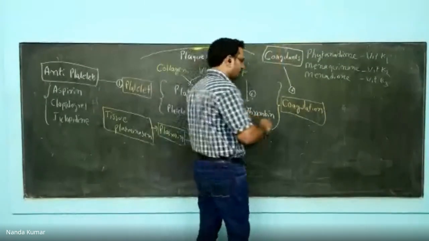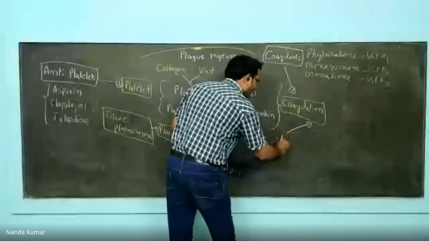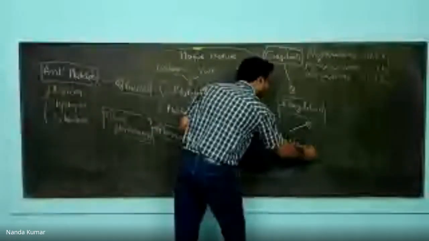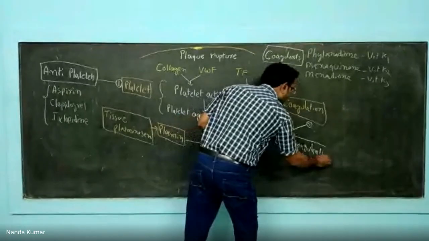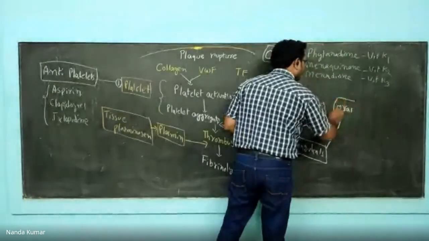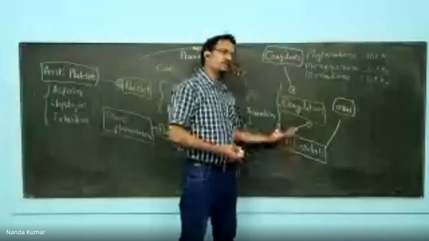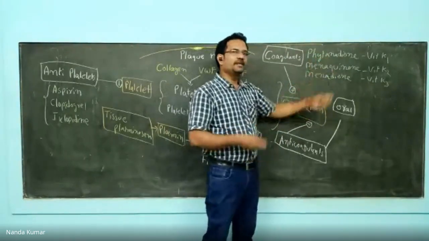Now, the coagulation process is inhibited by anticoagulants. Anticoagulants means the agents which are inhibiting. We have two classes there. One class is oral drugs. The job of oral drugs is to block this coagulation process. In the oral drugs, there are certain vitamin K antagonists.